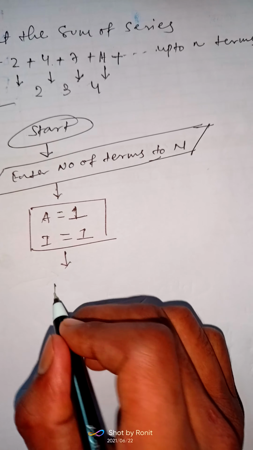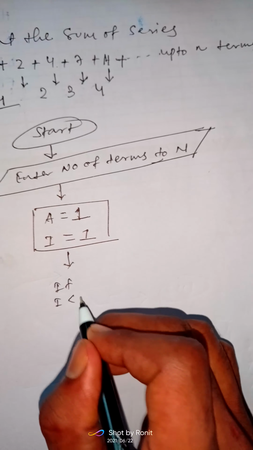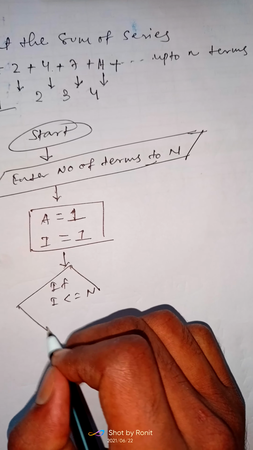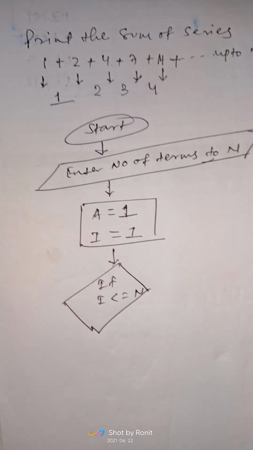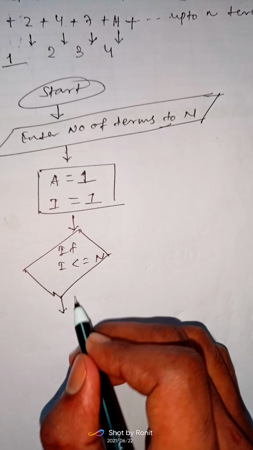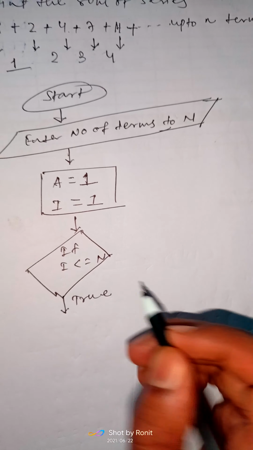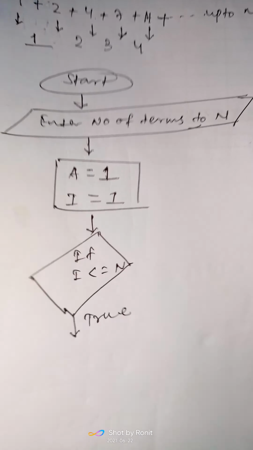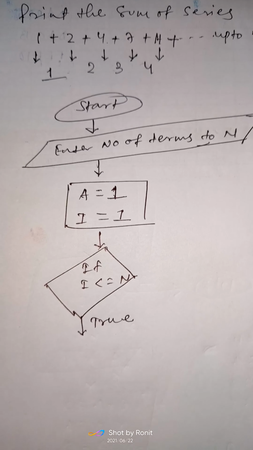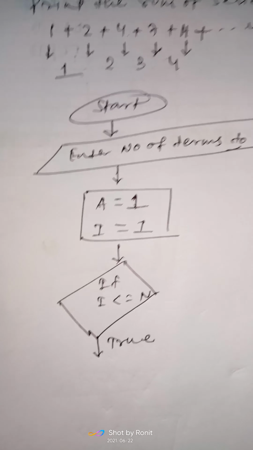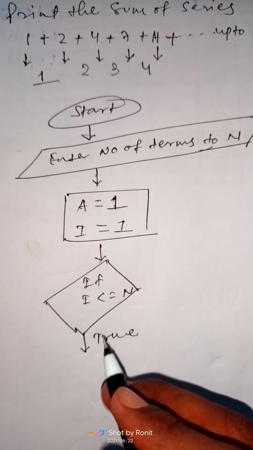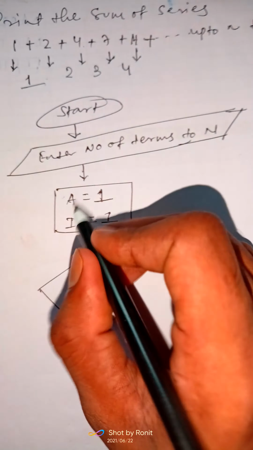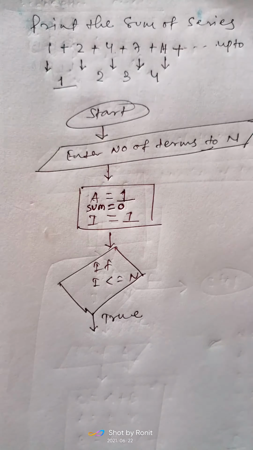We will check the condition whether I is less than or equal to n or not. If this is true, what will we do? We will add the number a. So for that we have to consider a sum variable.